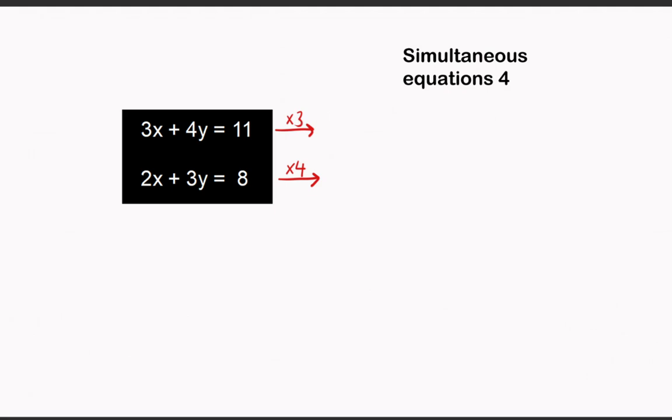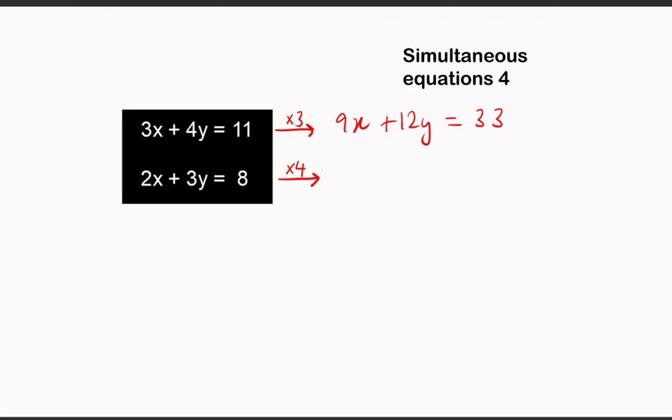So let's try that. Everything by 3, so 3 times 3, that's 9x, 4 times 3, 12y, and 3 times 11, 33. So this equation, remember, is exactly the same as this one, has the same answers, it's just everything's been multiplied by 3.